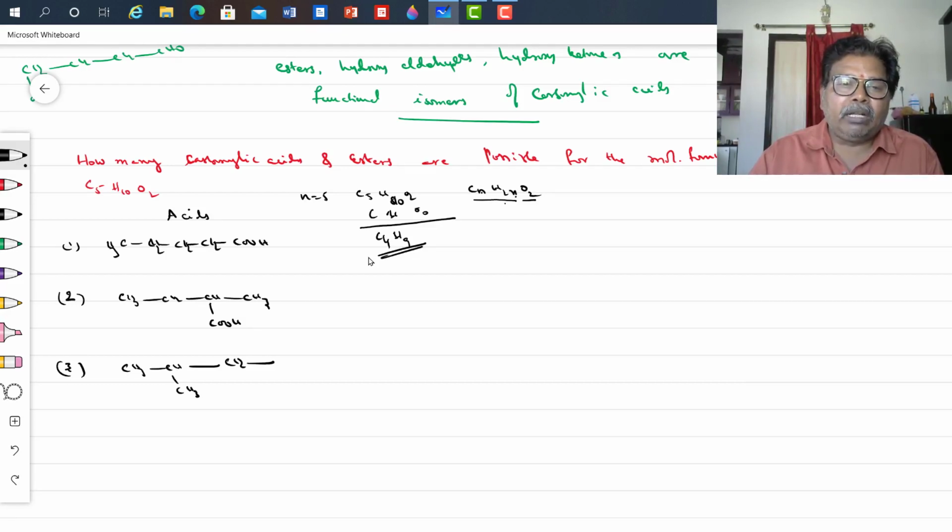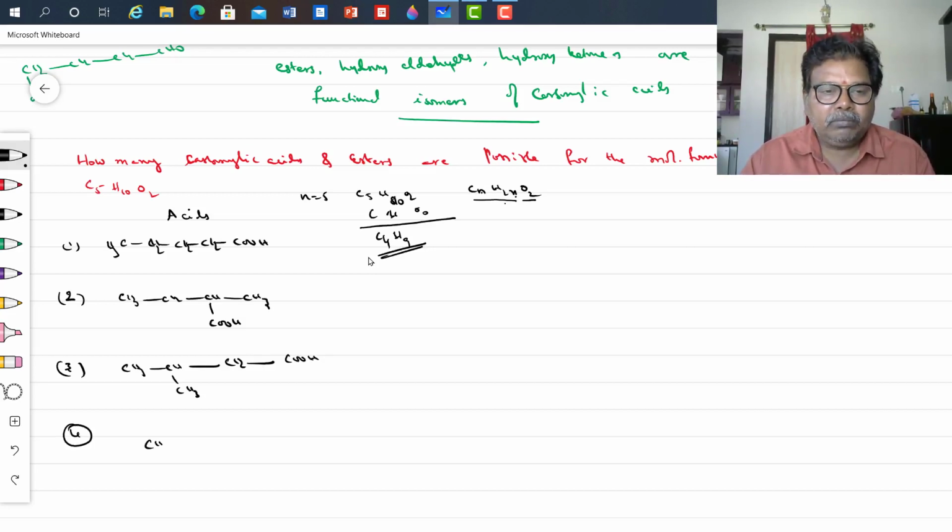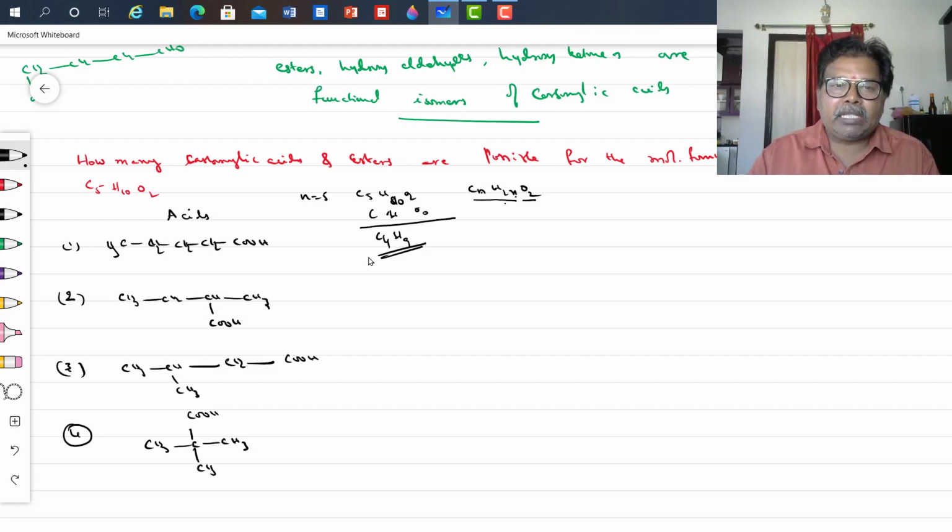To this isobutyl group, add COOH. So this is one compound. Next, CH3, C, CH3, CH3. So this is the tertiary butyl group. Add COOH. So 4 acids are possible.